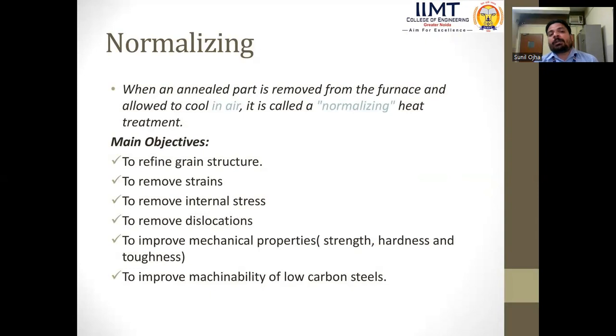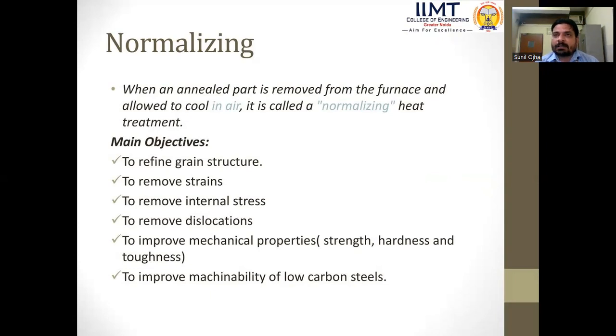Next heat treatment process is normalizing process. Normalizing is nothing but when an annealed part is removed from the furnace and allowed to cool in the air, it is called normalizing.